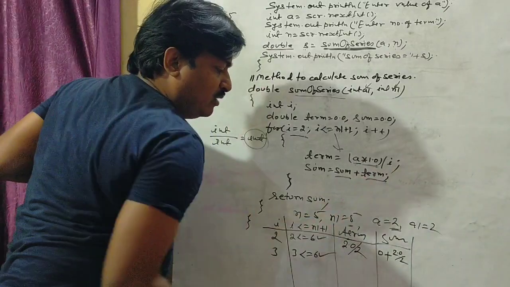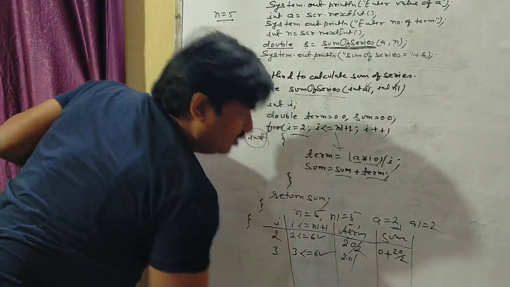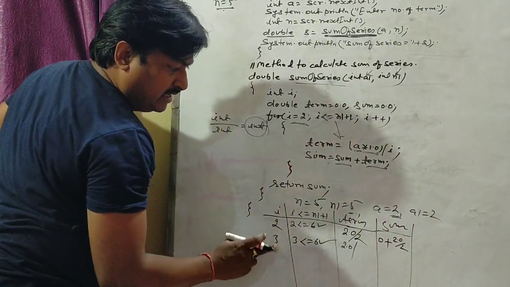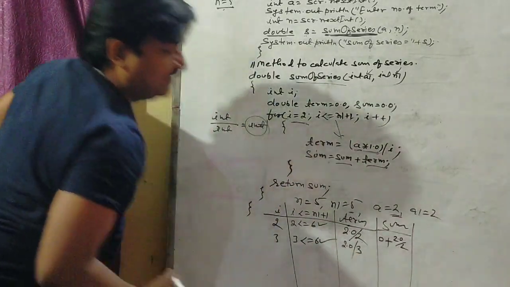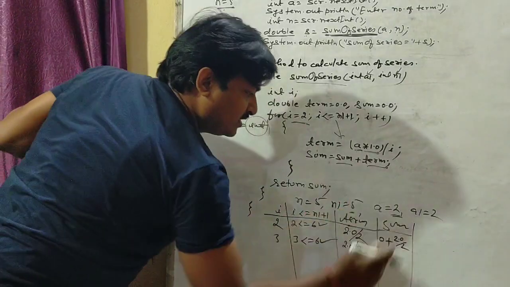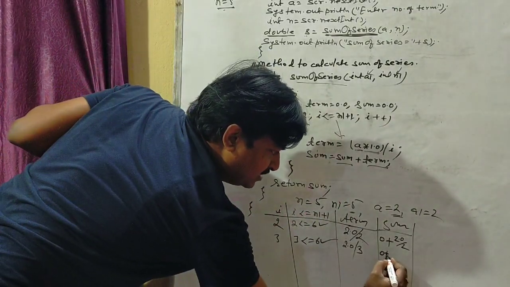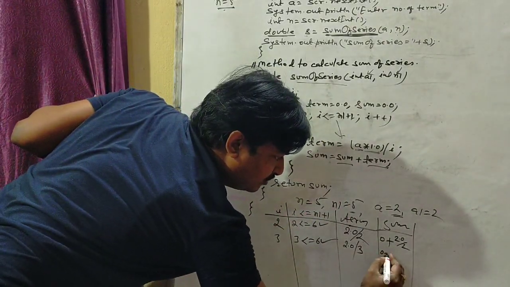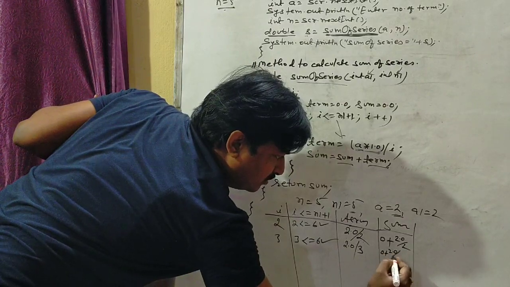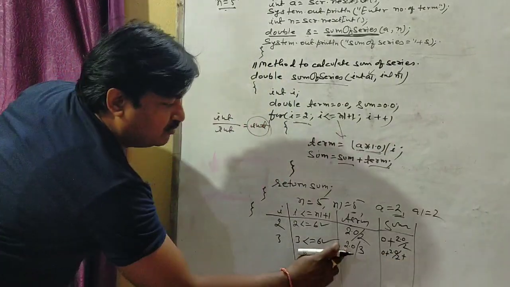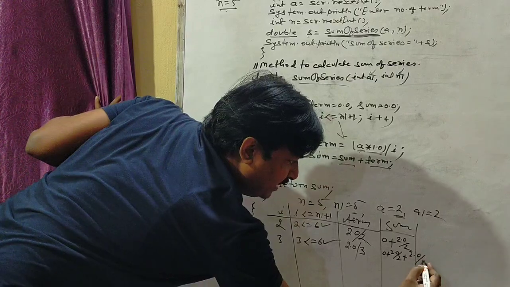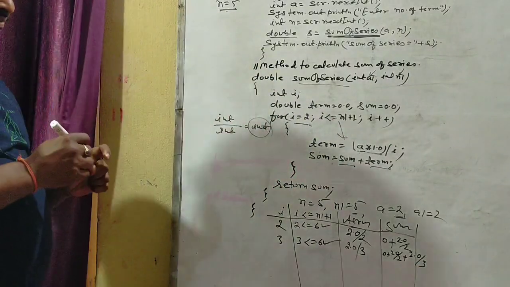Term equal to a into 1.0 by i, that is 2.0 by 3. Sum equal to sum plus term, so sum is 0 plus 2.0 by 2 plus 2.0 by 3. This way the sum will be calculated.